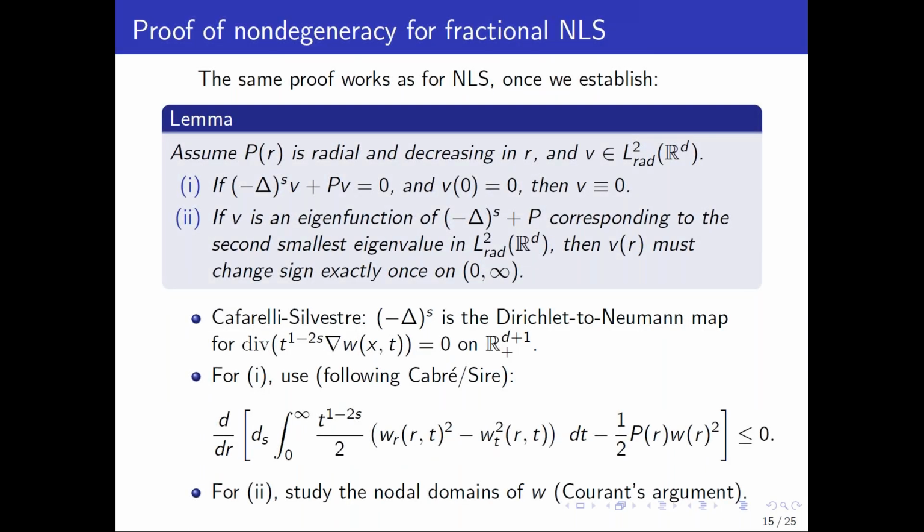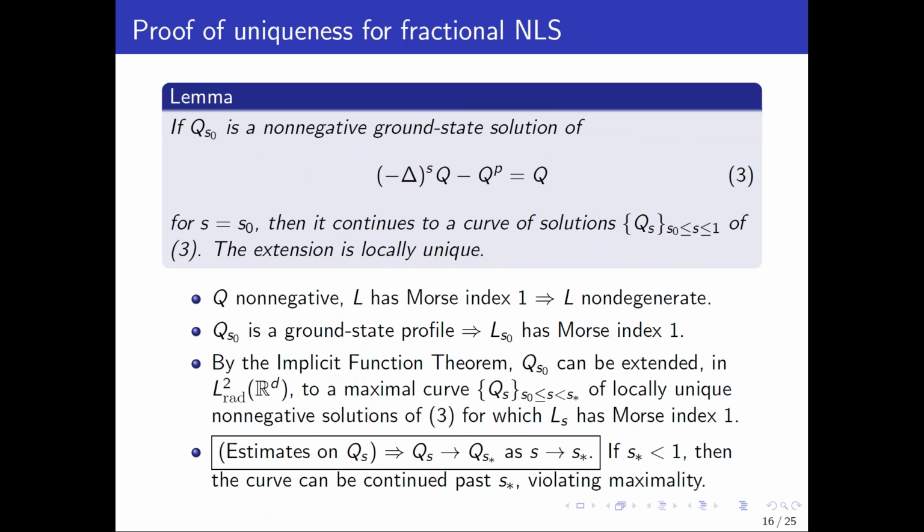And now it turns out that once you have nondegeneracy, you have this very nice, attractive, simple argument for proving uniqueness for ground states. But I have to state this lemma first before giving the nice simple argument.